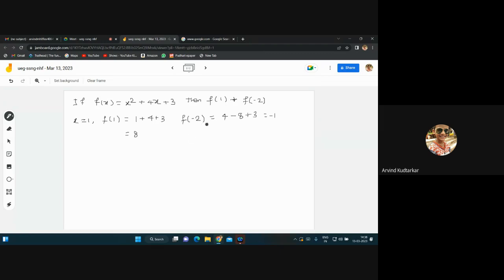Now in this example, what do they ask? Find the value of f of 1 plus f of -2, the sum of the functions. So it is 8 plus -1, that is equal to 7.